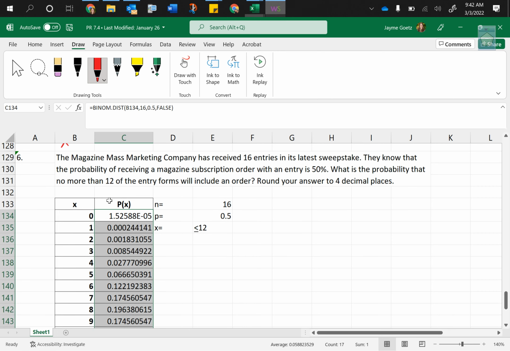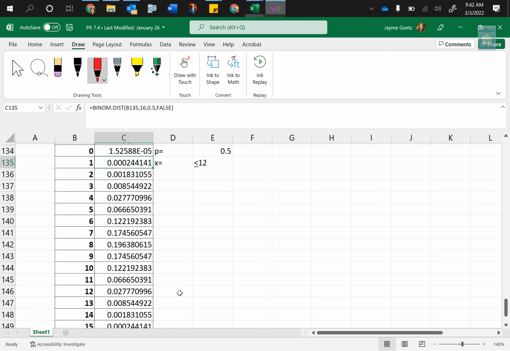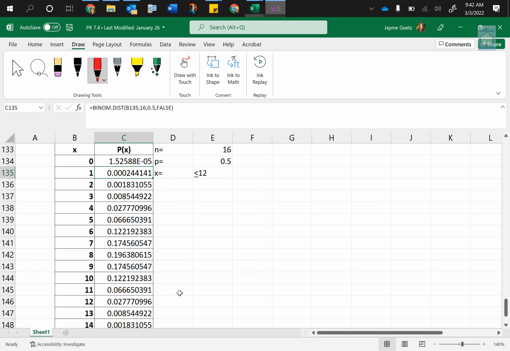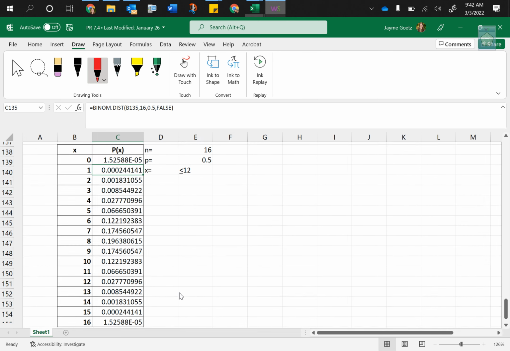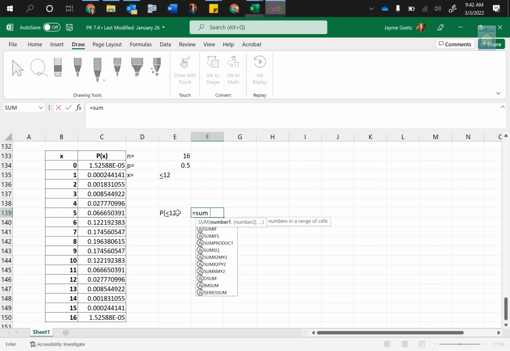And I don't like that bolded, so I'm going to unbold it. Is that the right word? Probably not, but I'm going to go with it. Now, the probability that I am going to be less than or equal to 12 is going to equal the sum of what?